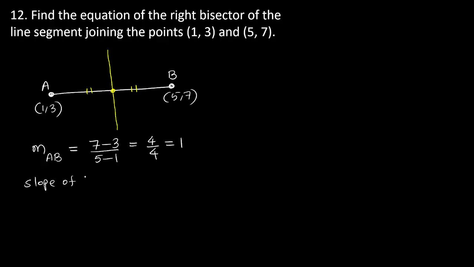So the slope of the required line, I mean the yellow colored line, is m2 equal to minus 1 by m1. Do you know that formula? Minus 1 by 1. When two lines are perpendicular, the second slope will be minus 1 by the first slope.